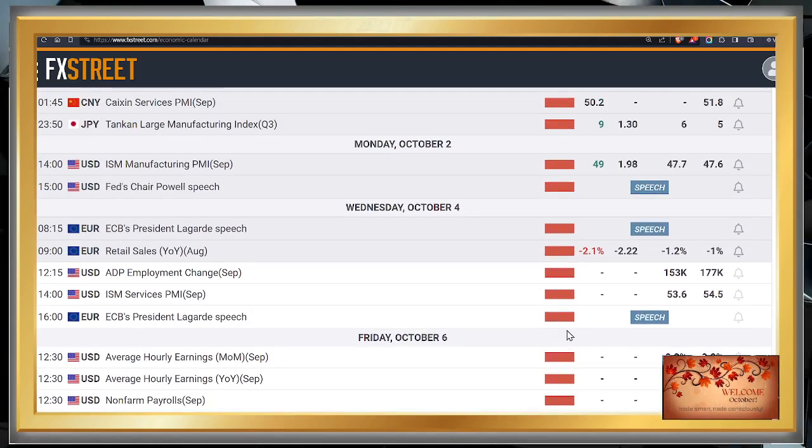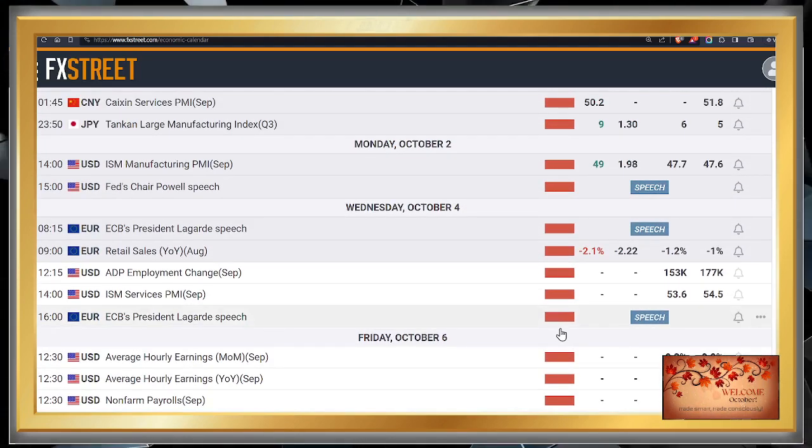Now, the previous month came in at 54.5, that is the month of August, and economists are projecting a 53.6 for the month of September, which is also on a lower side compared to the previous data. So we're expecting some contraction there based on what the consensus is saying.